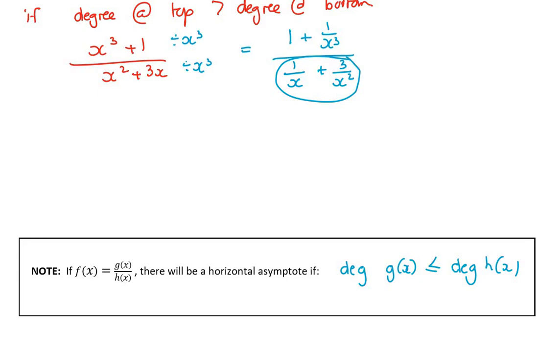If they have an equal degree, then the horizontal asymptote always works out to the ratio of the coefficients. If the degree at the bottom is bigger, then you always get y = 0. Now, I wouldn't worry about remembering that, because finding the limit is a very quick thing. It's just nice that when you get the answer, you're like, oh, that makes complete sense.